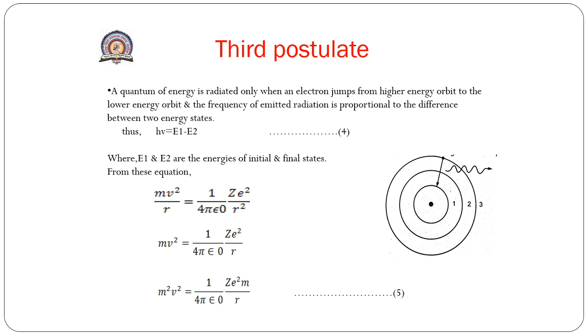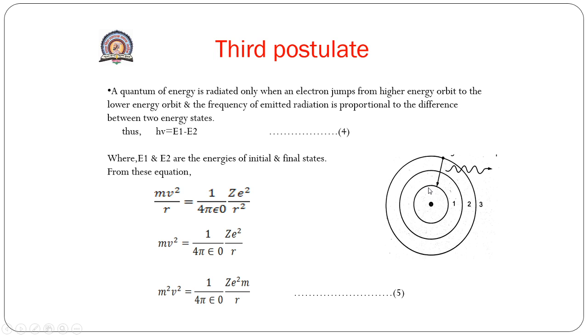From this figure, this is the electron orbit. This is n equal to 1, n equal to 2 and n equal to 3, the orbit number, and here the photon has energy h nu. The third postulate is that a quantum of energy is radiated only when an electron jumps from a higher energy orbit to a lower energy orbit, and the frequency of the emitted radiation is proportional to the difference between the two energy states.